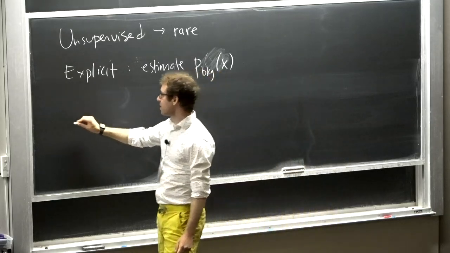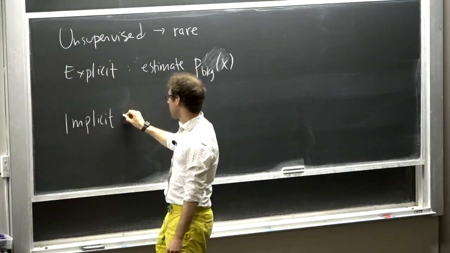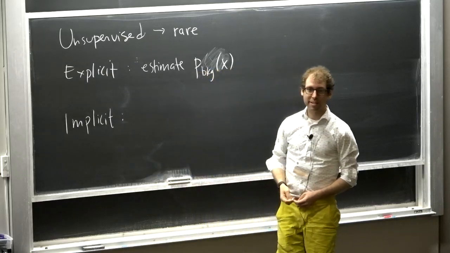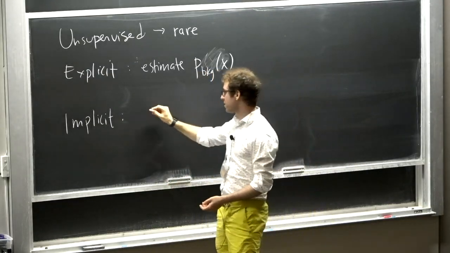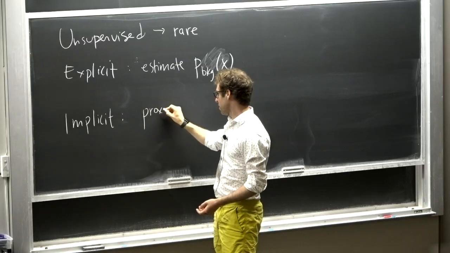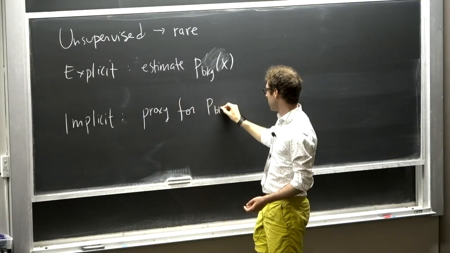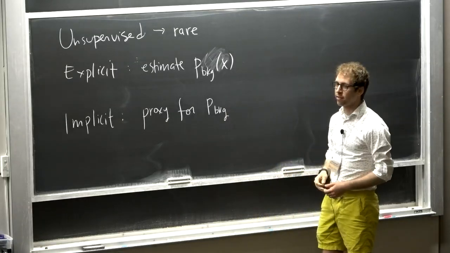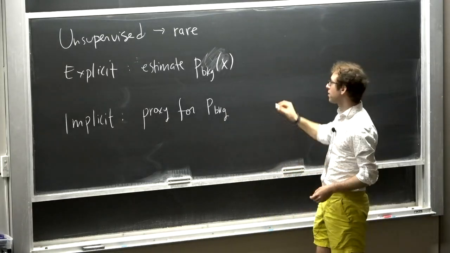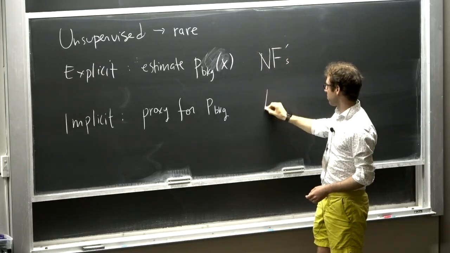And then implicit would be to estimate some proxy for the likelihood. And so in this class, the exemplars that I'll spend a little bit more time talking about would be normalizing flows and autoencoders.